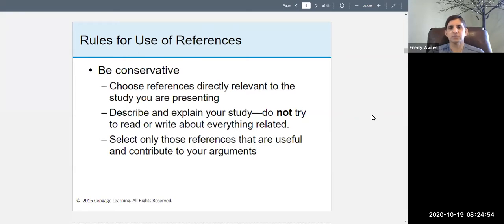Do not try to read and write everything that is related. You're going to find way too much stuff, let's say on depression, if that's what your study's about, or about self-esteem. You don't have to talk about everything. Select only those references that are useful and contribute to your arguments. So you're going to cite those authors who say something that you want to cover in your paper.